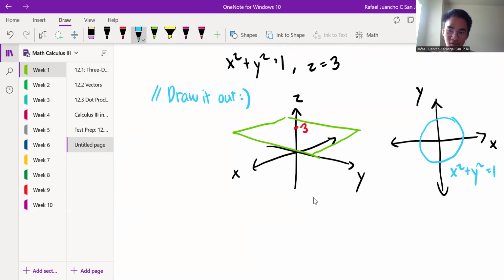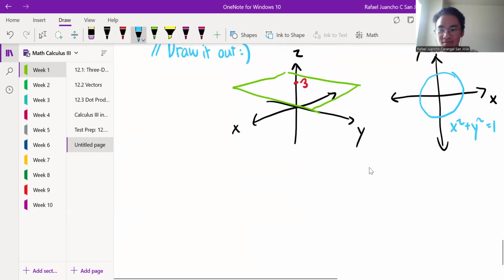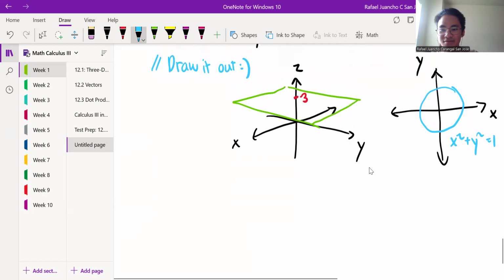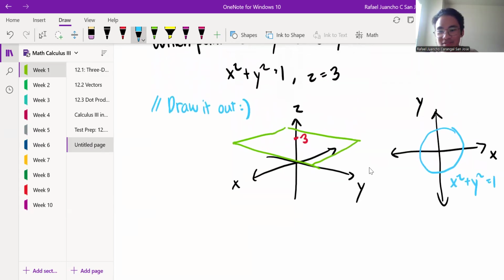It's the unit circle, right? This is from a previous pre-calculus course. So this is a unit circle where the radius is basically 1.